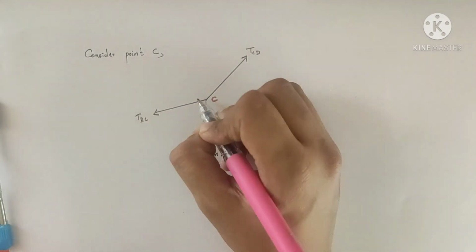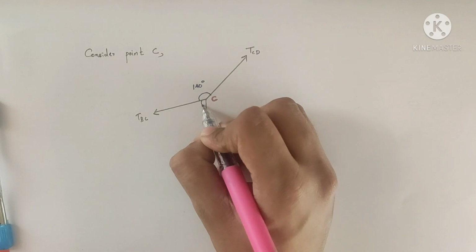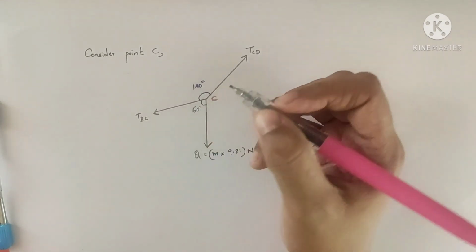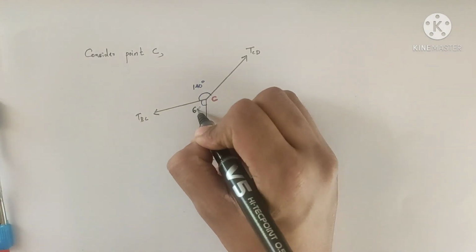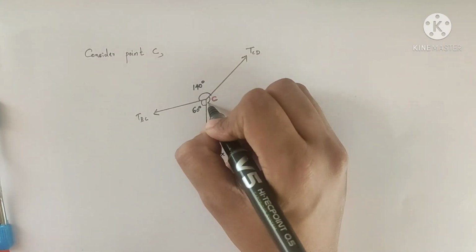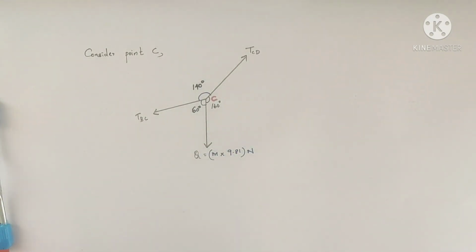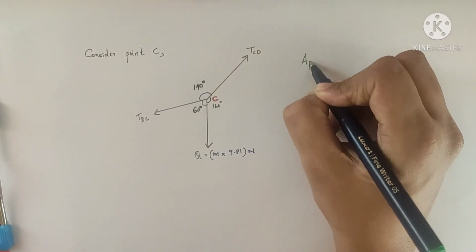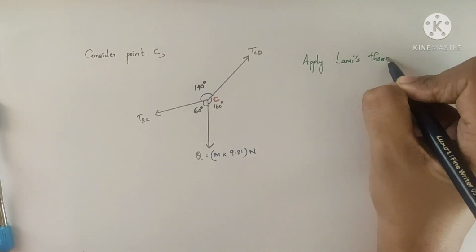We have to calculate the angles, which we have already done. And this is 140 degree, 60 degree, and this angle is 160 degree. So we have the forces and we have the angles. Now apply Lamy's theorem.